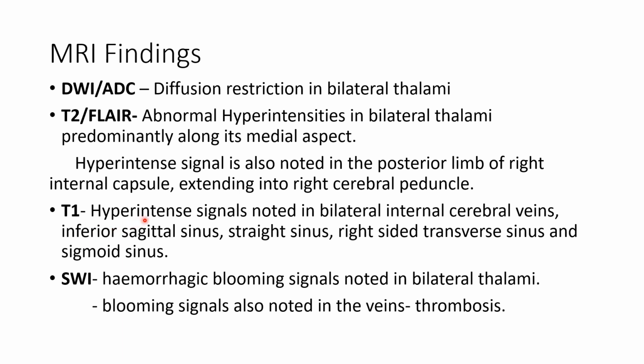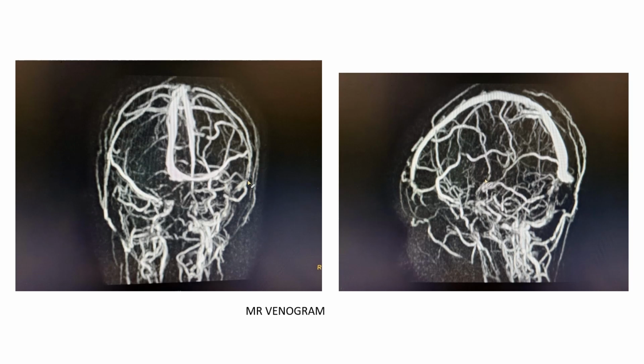It also shows hyperintense signals in bilateral internal cerebral veins, inferior sagittal sinus, straight sinus, right-sided transverse sinus, and sigmoid sinus. Susceptibility weighted imaging shows hemorrhagic blooming signals in bilateral thalami, and blooming signals are also noted in the dural venous sinus, which signifies thrombosis. So later patient was advised to undergo MR venogram to confirm the thrombosis.